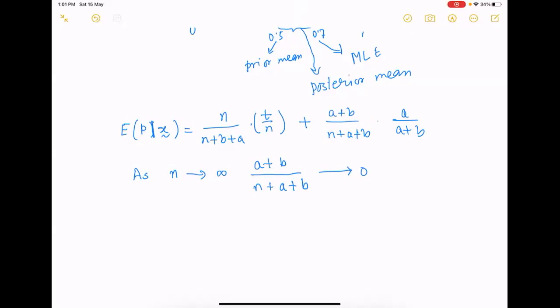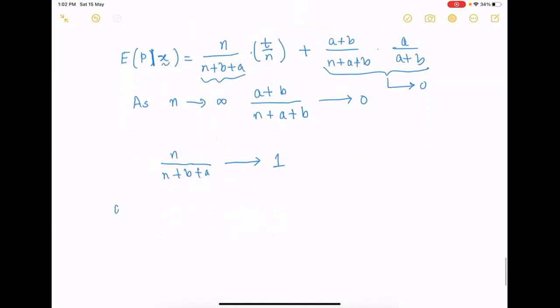If this goes to 0, this entire part goes to 0. What happened to this part? N / (N + A + B) goes to 1. So as N tends to infinity, my posterior mean will eventually converge to the MLE.